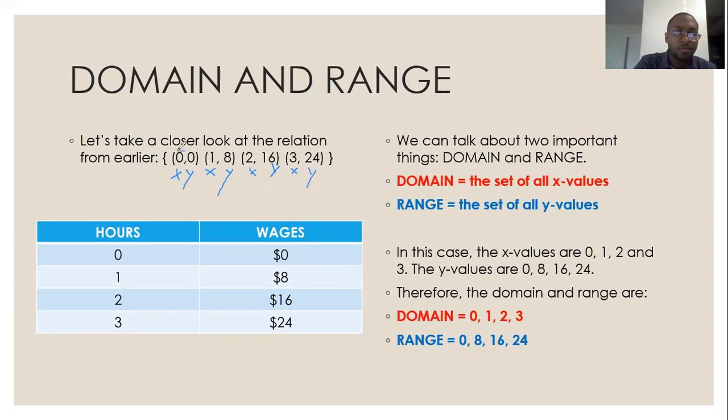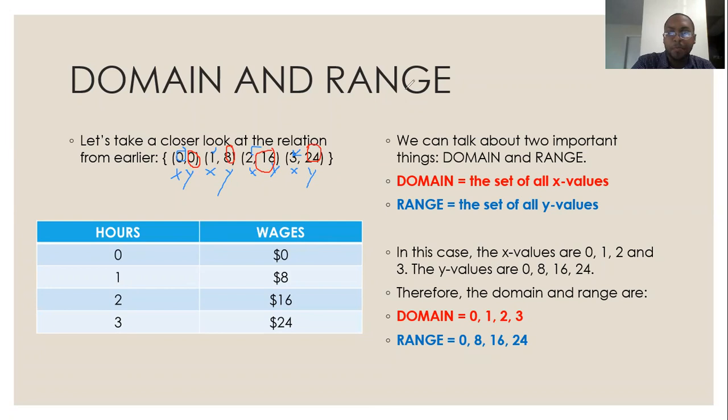Well, this one, this one, that one, that one, and that one. Those are your x values and those are y values. What's your range? Well, your range is just that, that, that, and that. So you have a domain, you got a range.